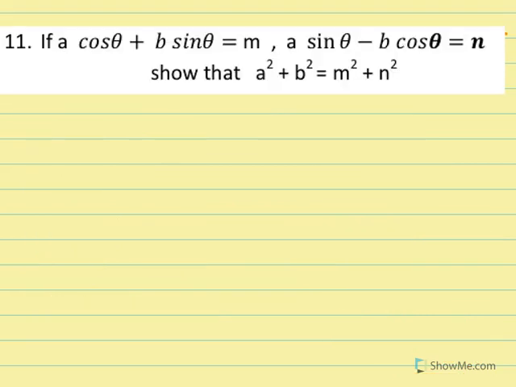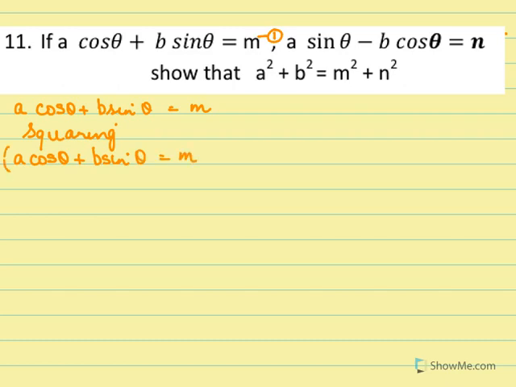If a cos theta plus b sin theta equal to m, a sin theta minus b cos theta equal to n, show that a square plus b square equal to m square plus n square. So we take the first equation up and we'll square it. We have a cos theta plus b sin theta equal to m.